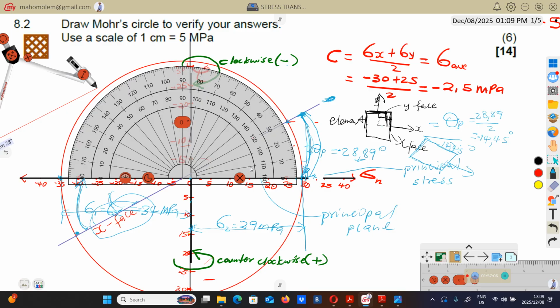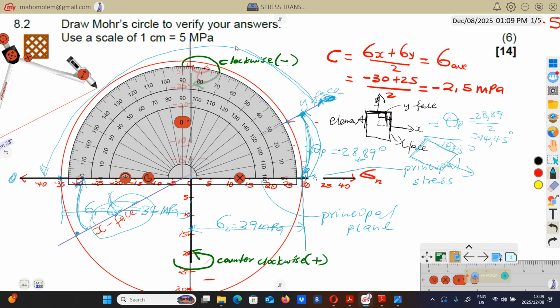Now check this angle here from this line, which is the principal plane line, to this line. This one, remember, is that of the Y face. To move this one to reach the principal plane, you have to rotate it from here up to there. Which direction is this?